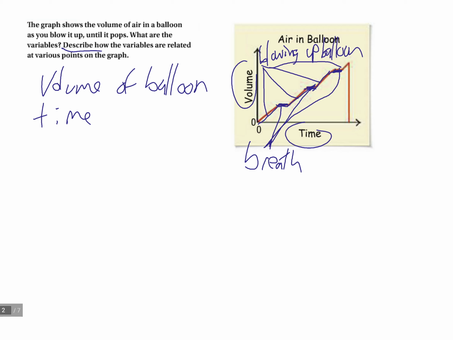Time is still passing, so while you're not blowing up the balloon anymore, the volume of the balloon cannot increase. Hopefully you take your fingers and pinch off the air in the balloon so that the air doesn't come back out, so the volume doesn't increase or decrease. It just stays steady while time passes, so it stays horizontal there. Now, what happens right here at this location? And how come the graph drops all the way down to 0? What happened right there? Yep, the balloon popped.